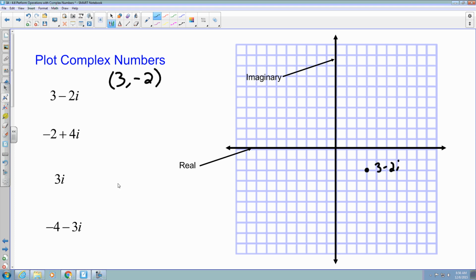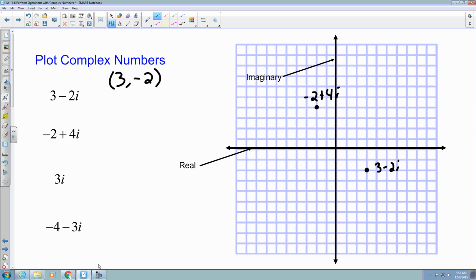If you look at negative 2 plus 4i, the real number negative 2 is going to the left, the imaginary is going up 4, so I got negative 2, and then 1, 2, 3, 4. So I got negative 2 plus 4i.